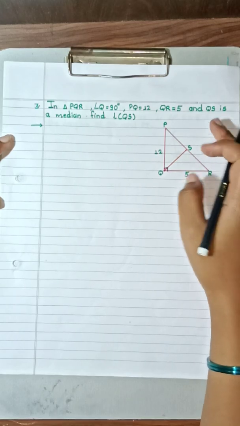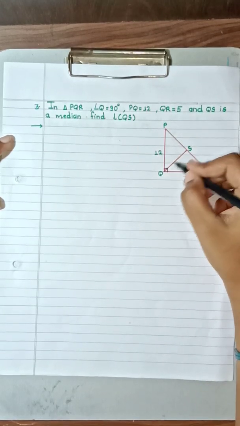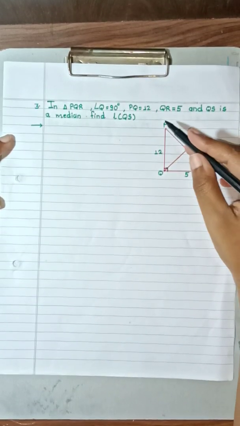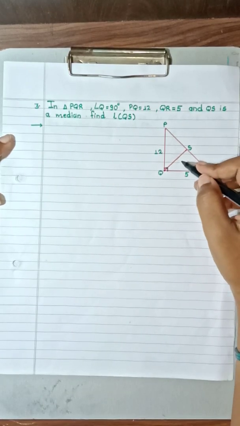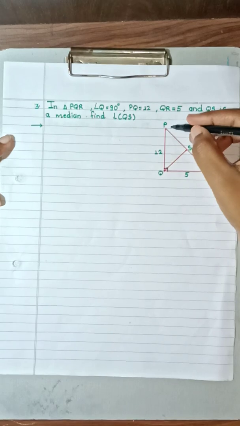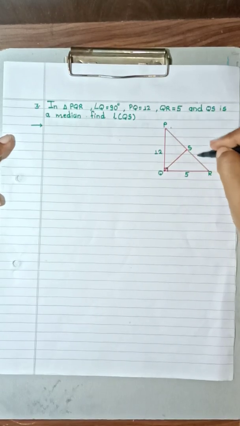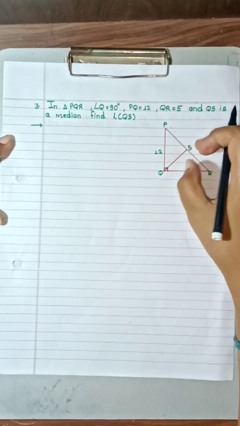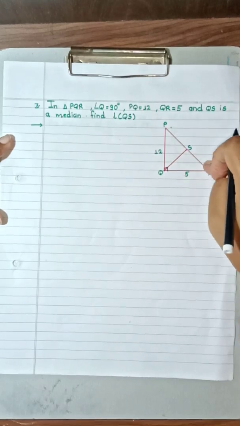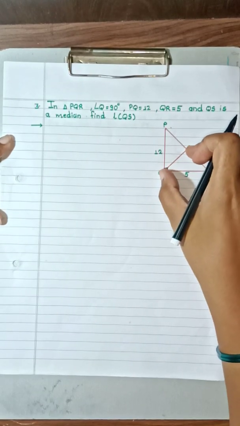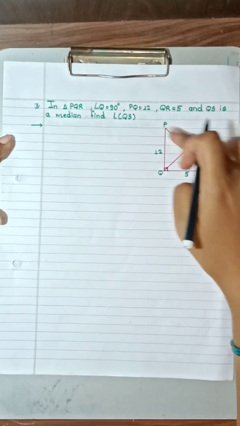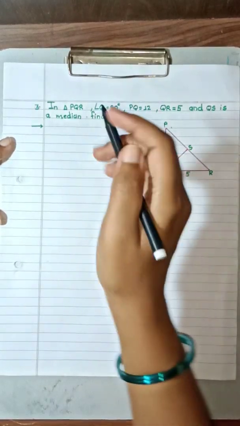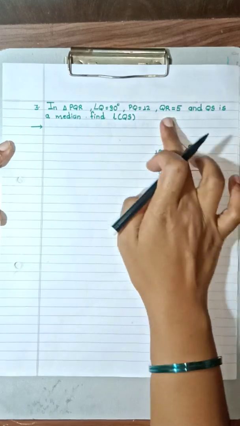And here this QS is the median on the hypotenuse PR, and we have to find the length of QS. First we'll find the length of PR by using the Pythagoras theorem. And as we get PR, that is the hypotenuse, QS is the median, and in a right angle triangle, median is half of hypotenuse. So let us first find out the value of PR.